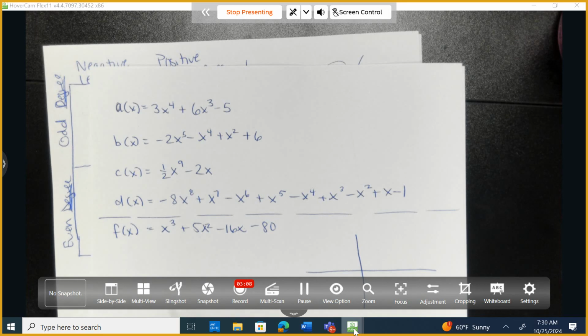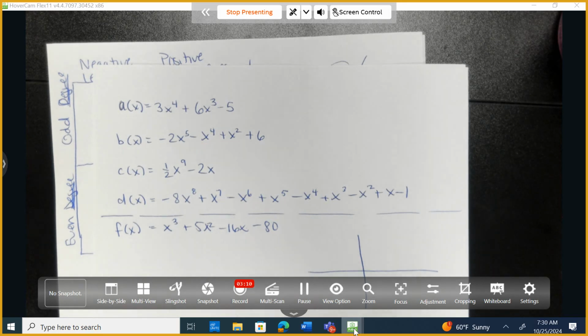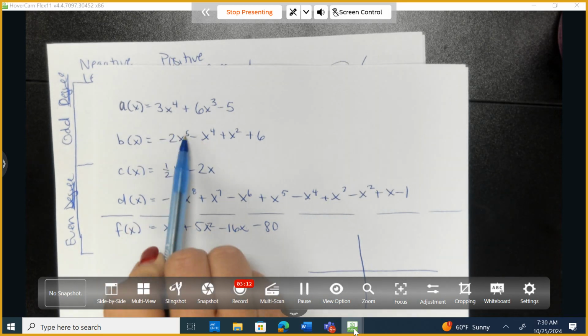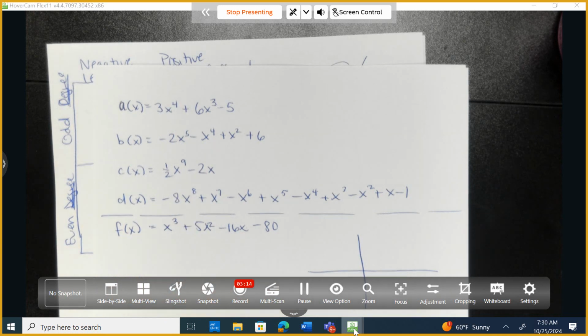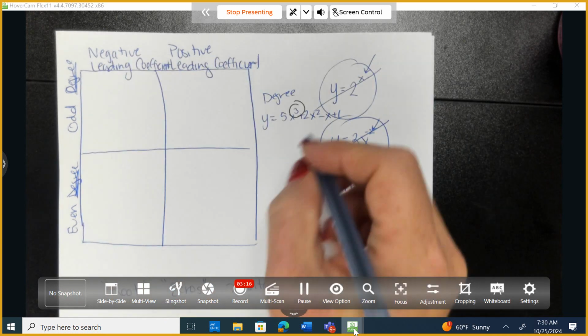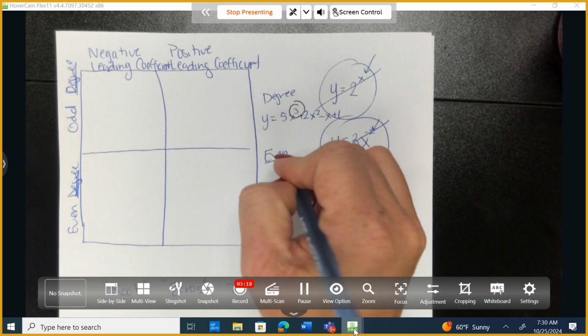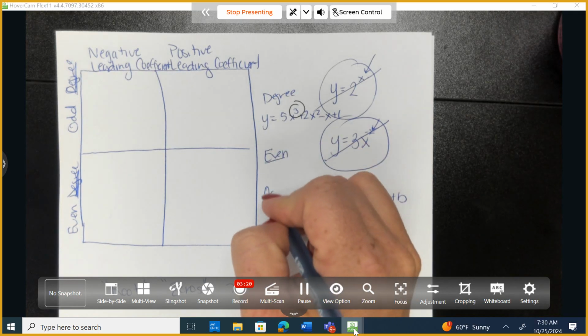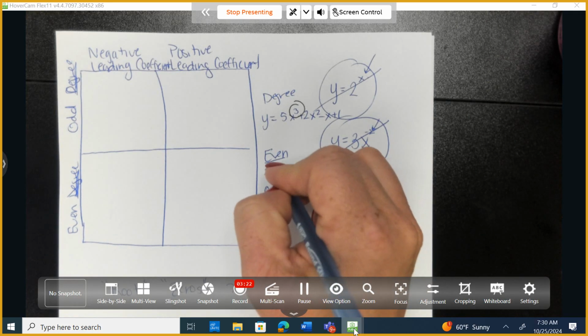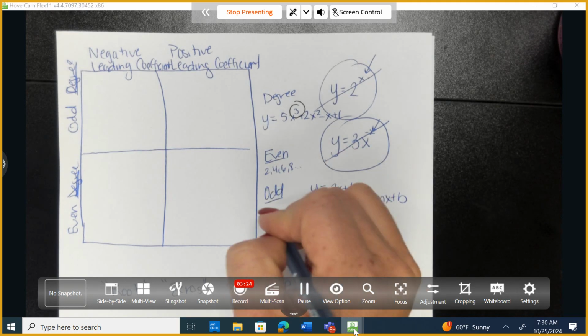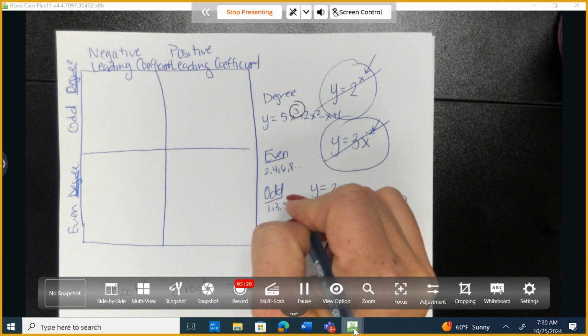Okay, the second, when we define the degree, not only are we going to say what value it is, degree 4, degree 5, degree 9, degree 8, we're going to classify it as even or odd. It seems very simple because you learned the words even and odd in elementary school, but let's review those. Even numbers are 2, 4, 6, 8, and so on. Odd numbers are 1, 3, 5, 7, and so on.